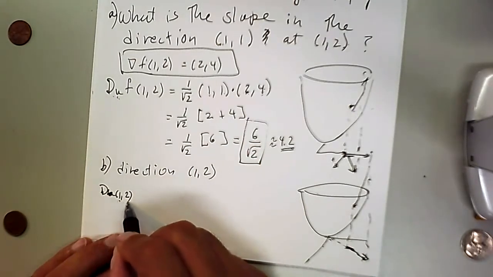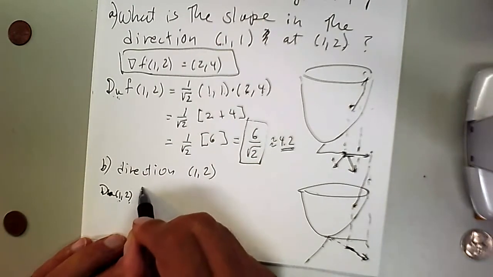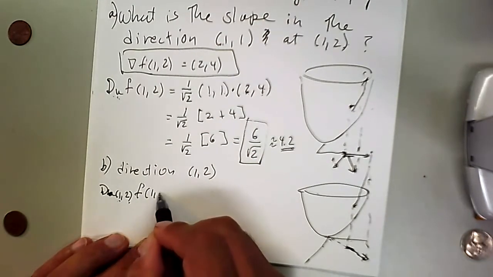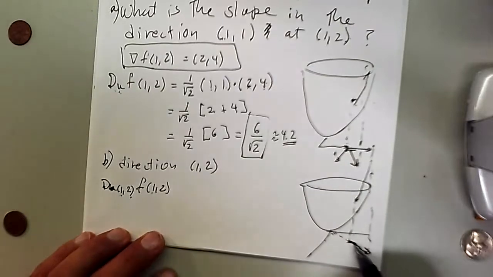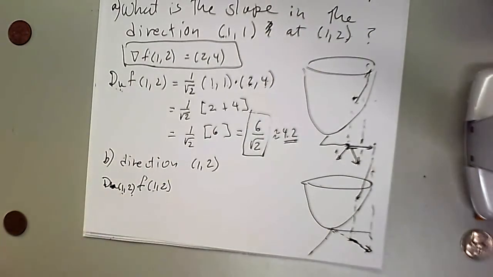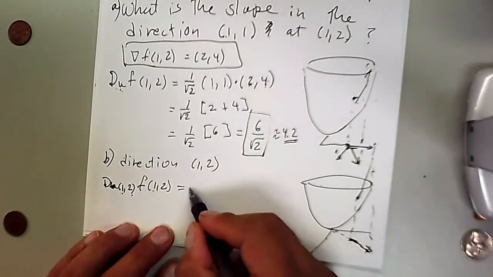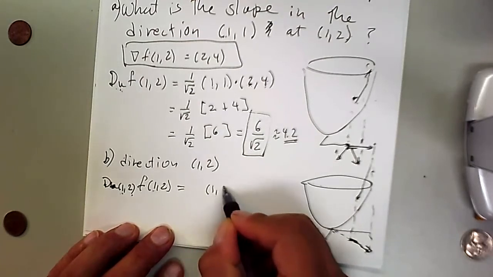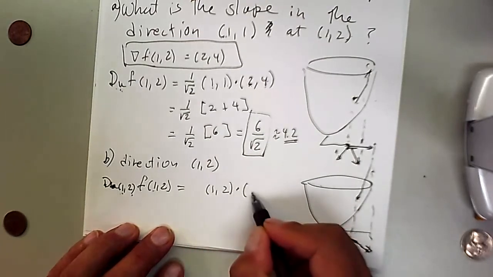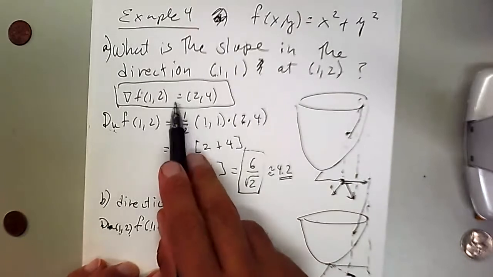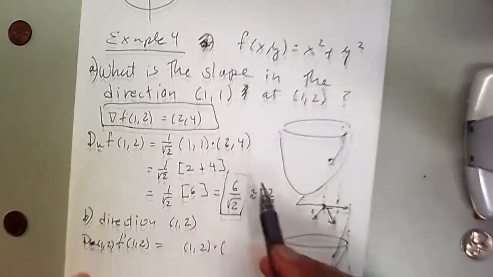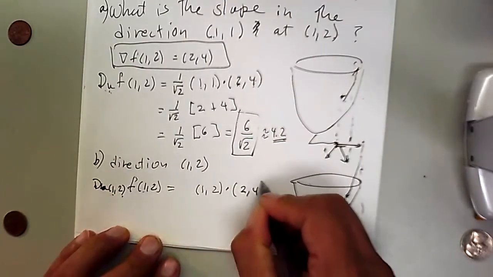This 1, 2 refers to the direction. F at 1, 2, which is the point. That is a little confusing. So that is blank 1, 2 dotted with, remember, the gradient in this particular case, which is 2, 4.